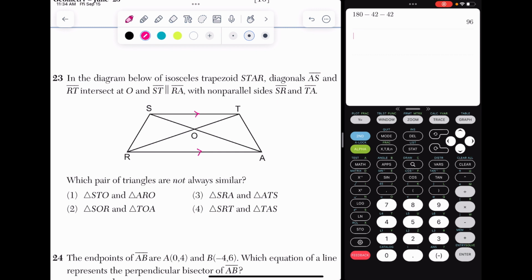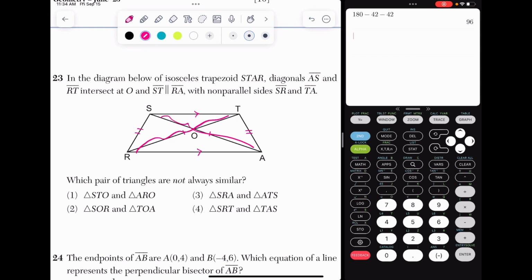One thing I want to note here is since it says the trapezoid is isosceles, I know now that SR and TA are congruent to one another because in an isosceles trapezoid, the non-parallel sides are congruent. And I also know that SA and RT are congruent to one another because in an isosceles trapezoid, these diagonals are congruent to one another.